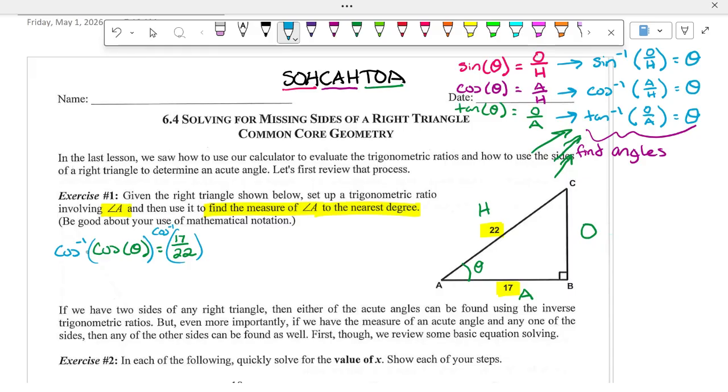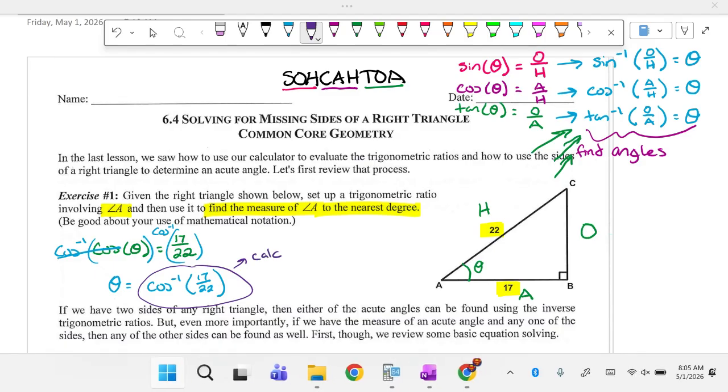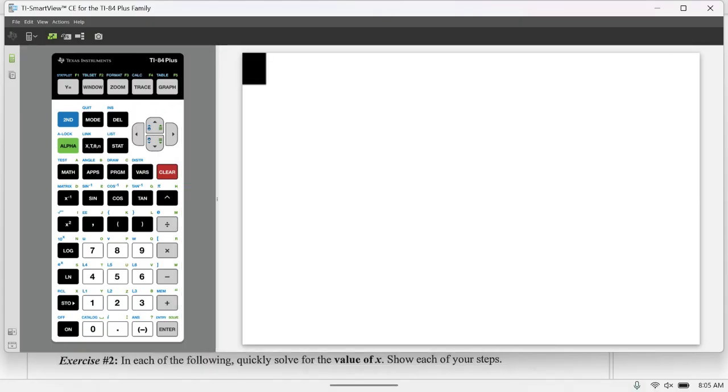Remember, inverse cosine undoes cosine, so that goes away. I'm left with theta is equal to the inverse cosine of 17 over 22. And this part we can just put in our calculator. So how do I get the inverse cosine to generate?